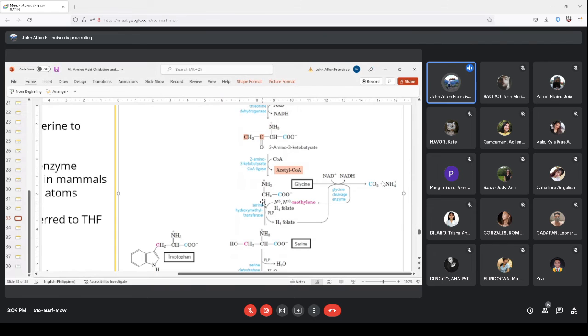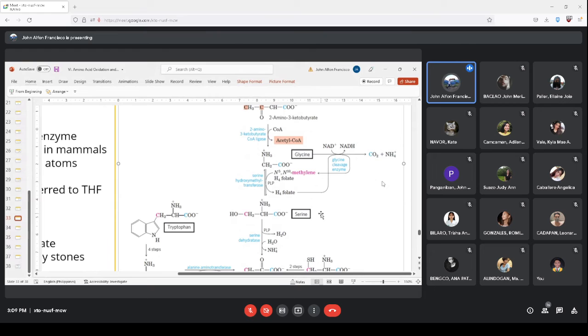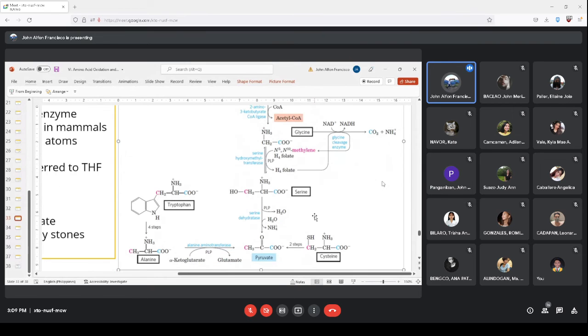This intermediate can be reacted with folic acid to form your serine. Serine will undergo dehydration to form your pyruvate. Pyruvate will enter the citric acid cycle.